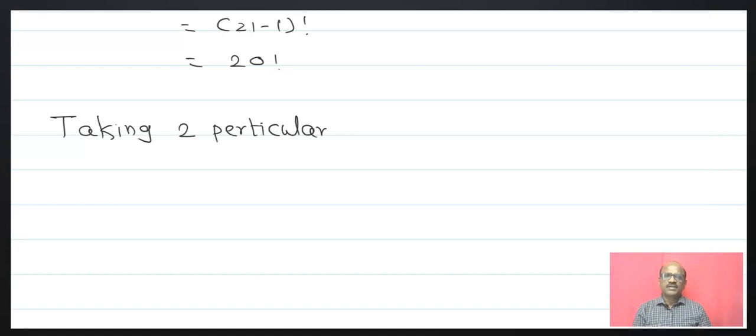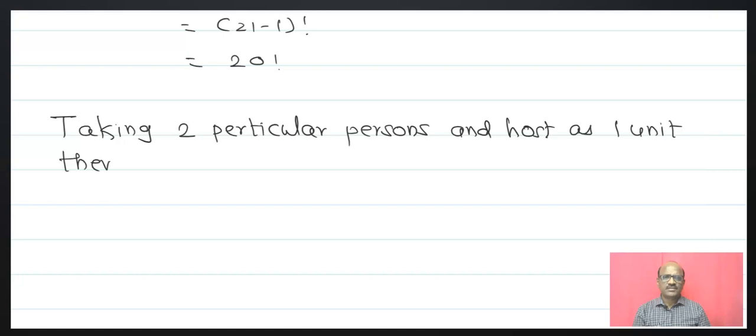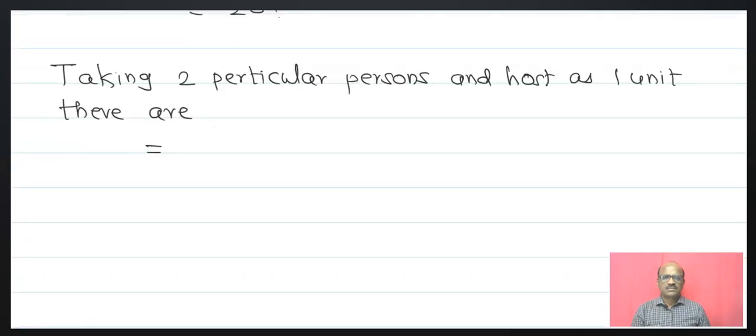Now taking the two particular persons and the host as one unit: of the 20 participants, 2 particular persons are taken, leaving 18, and 2 plus 1, that is the 3 of them, are considered as 1 unit. So 18 plus 1 is 19 units here.